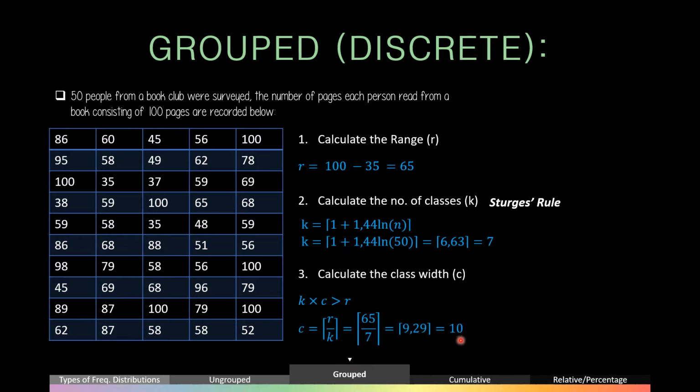Rounded up is 10. So that's important. When you're working with rounded up values, even if the answer was 9.5 or if it was 9.1, it would still become 10.